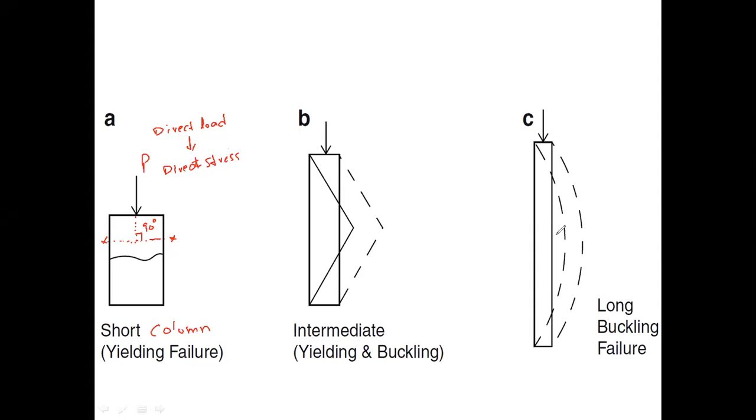So this is what we discussed till now, which is a long column. So long columns will fail under buckling. It's clearly shown here. Buckling or crippling. Buckling will happen here. Crippling will happen here.